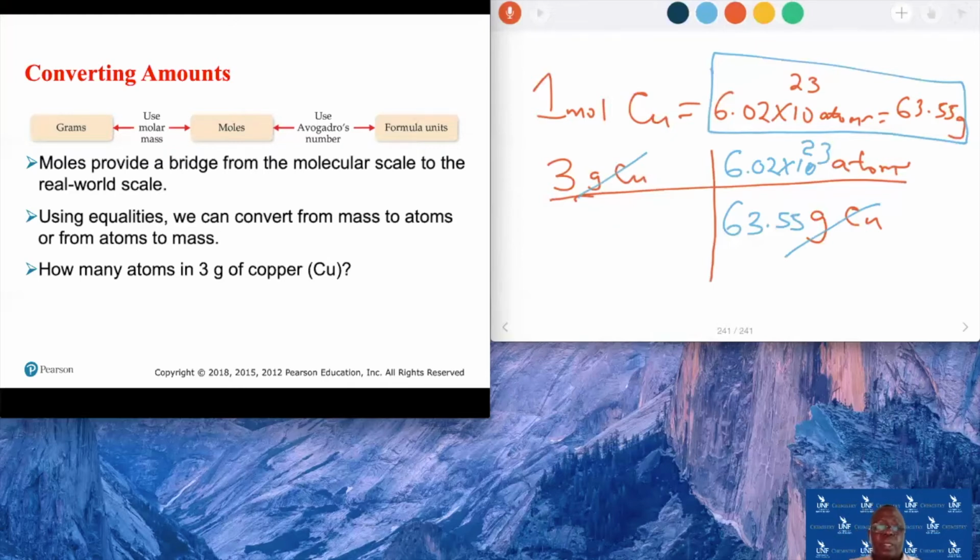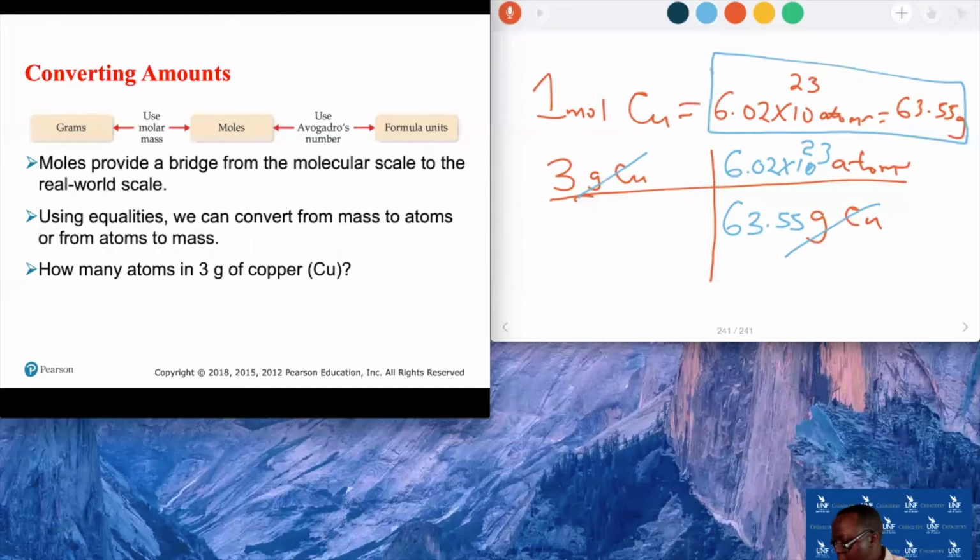Trust me, somebody can have the setup the way I have on my whiteboard, but the problem comes when using the calculator. How do you key it in? If I were you, I should have my calculator right now. You multiply by 6.02, second function, 23, divided by 63.55.